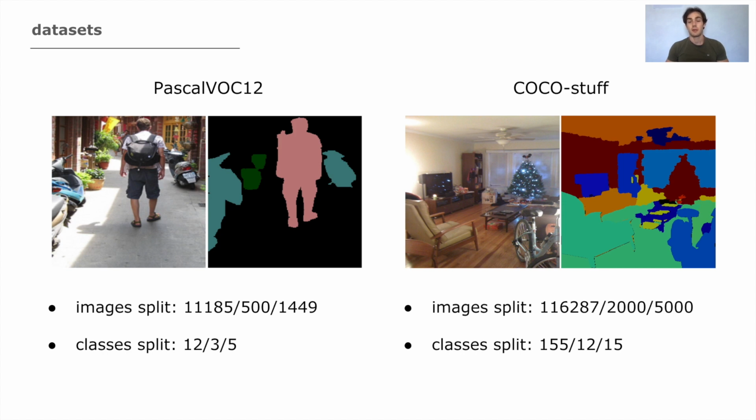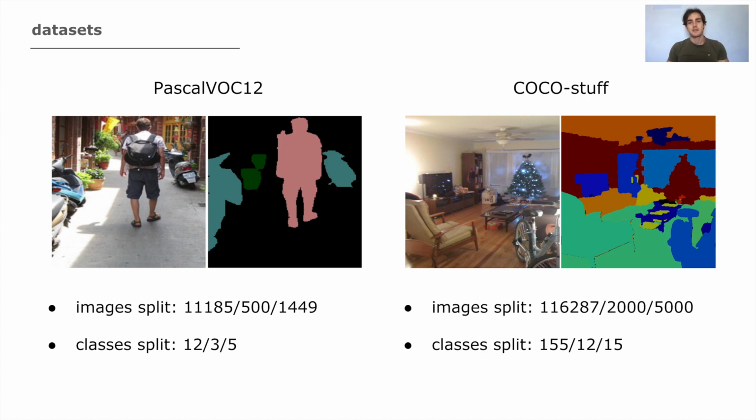Standard generalized zero-label semantic segmentation approaches perform evaluation only on pixels of the foreground objects. But in our experiments, we performed some additional experiments where the background is included among the set of seen classes for the Pascal VOC12 dataset.